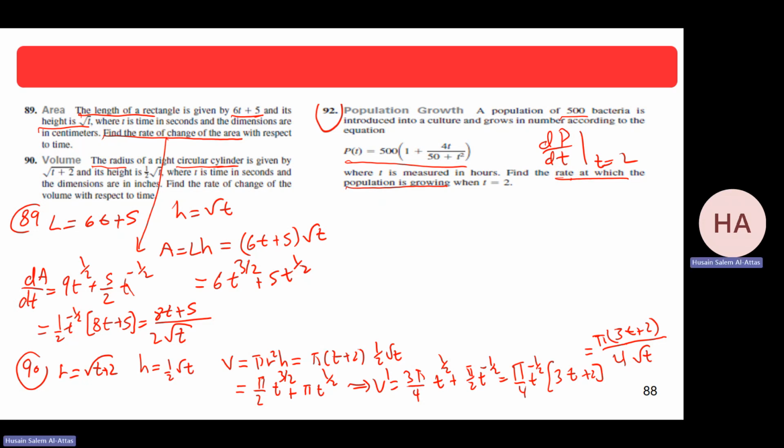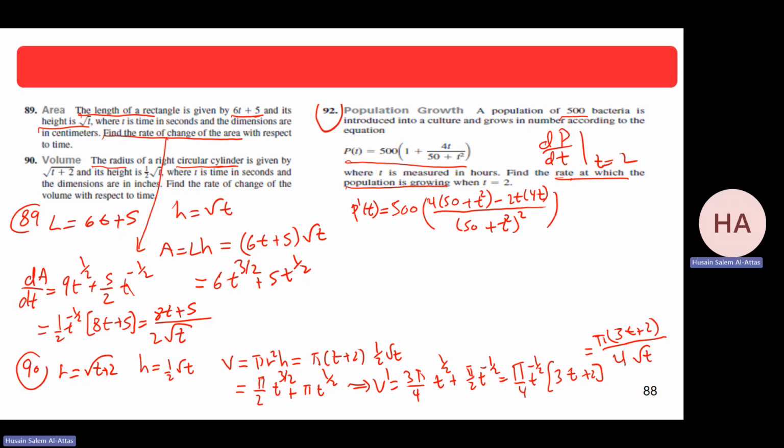So what I will do, we'll find p prime. P prime would be what? 500, this is just a number. Now I have here 4 times (50 plus t squared) minus 2t times 4t over (50 plus t squared) squared.